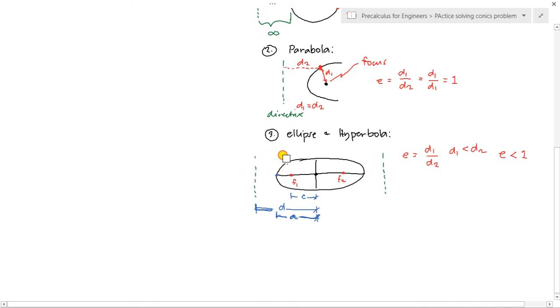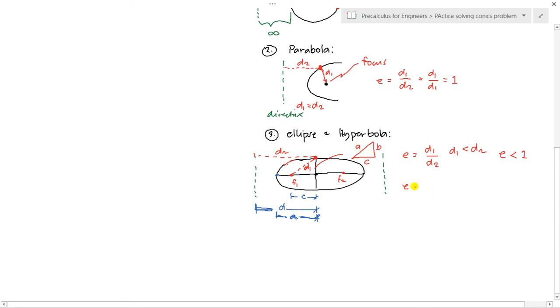So what if ang atong line nga gi-assign, ibalhin nato diri, what if iputang nato diri sa vertex sa major axis. Now kung mag-drawing tag line, so this is D1, and then this is the second line, this is D2. As you notice, D1, kung ato na extract, maka-form ta ug right triangle wherein this is B, C, and automatic A ni siya.